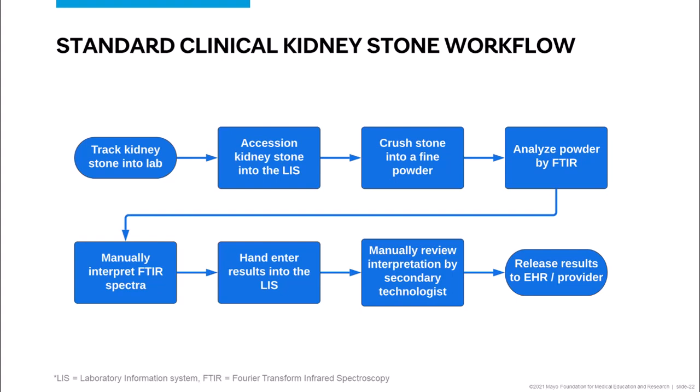And we do have library spectra that we can overlay and help match, but it's still a visual interpretation. And then these results are entered into the LIS manually. And because this entire process is manual, we have a secondary technologist review that to make sure that what was put in matches the spectra before these results get released to the provider.